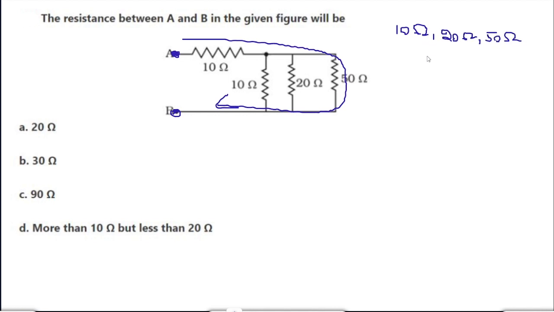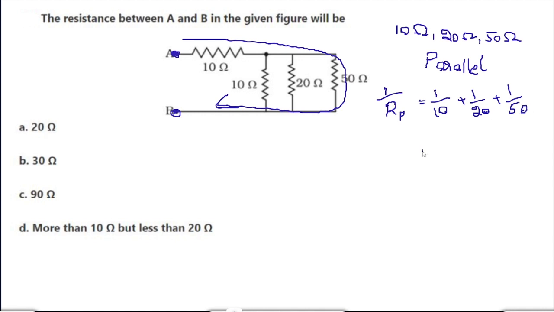All these three are in parallel connection, isn't it? Then what about the resultant resistance in parallel combination? So simply, 1 by R in parallel combination is equal to 1 by 10 plus 1 by 20 plus 1 by 50, isn't it?